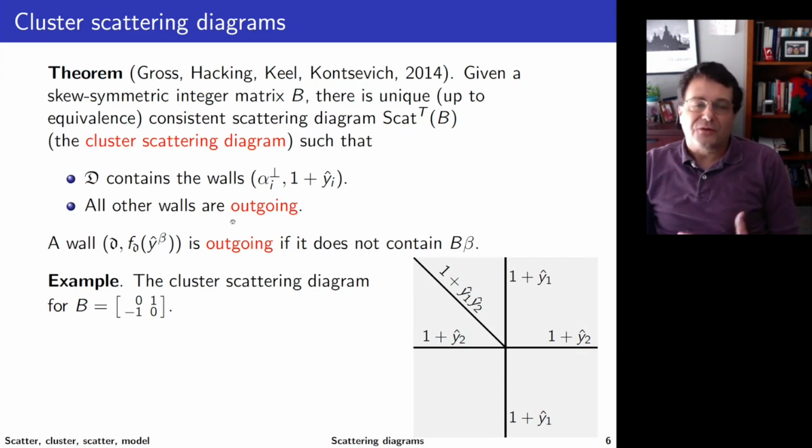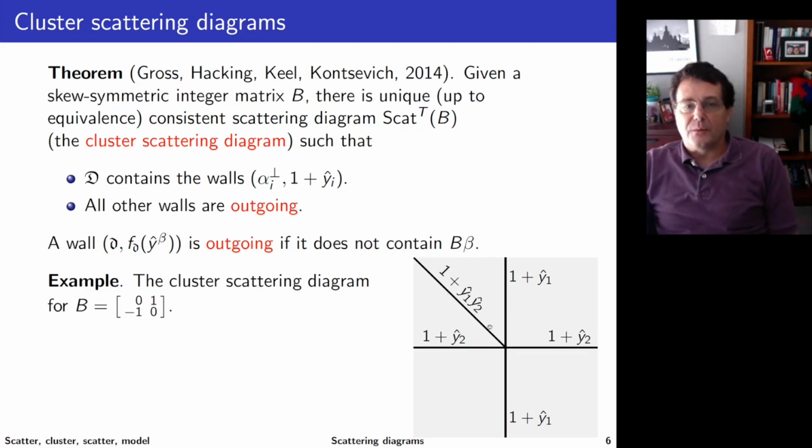And outgoing just means there's a way that I can take my exchange matrix and my normal vector and make a vector in the dual space. So I do this matrix multiplication, or write beta in the alpha basis, do a matrix multiplication, and interpret the answer as a vector in the row basis in the dual space. And so we have to ask whether or not the wall that we're putting in actually contains that vector.